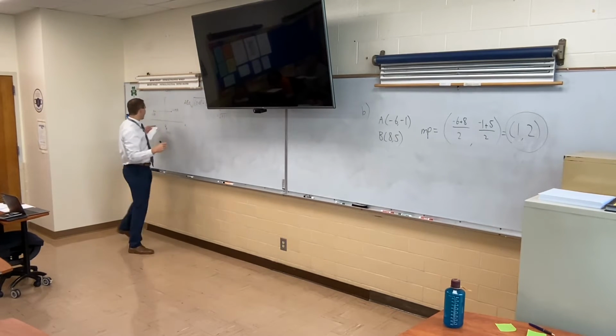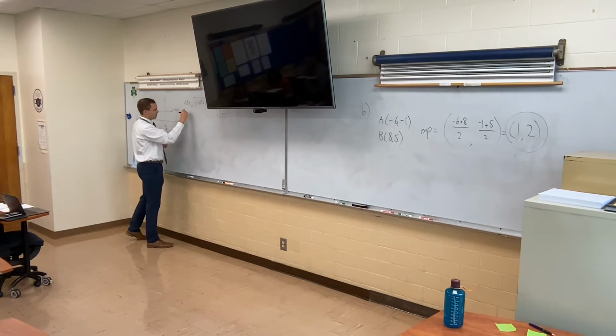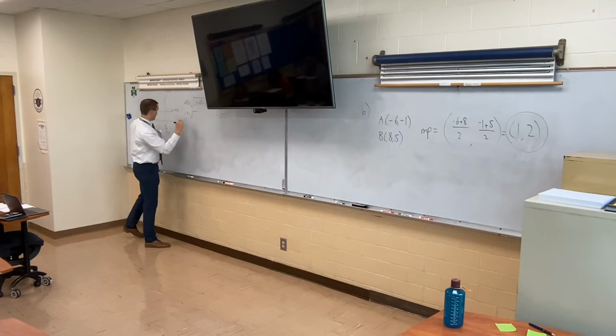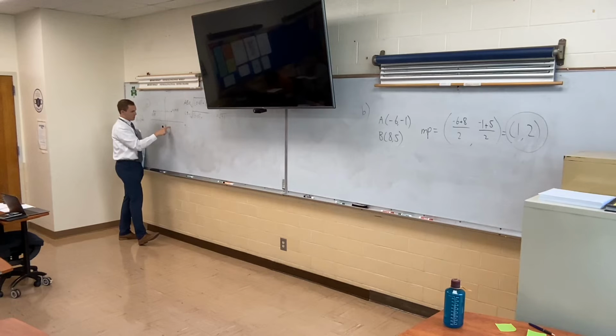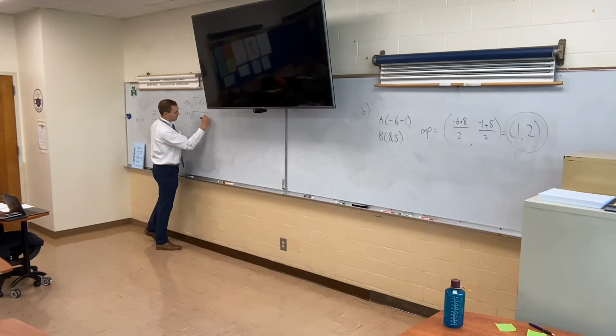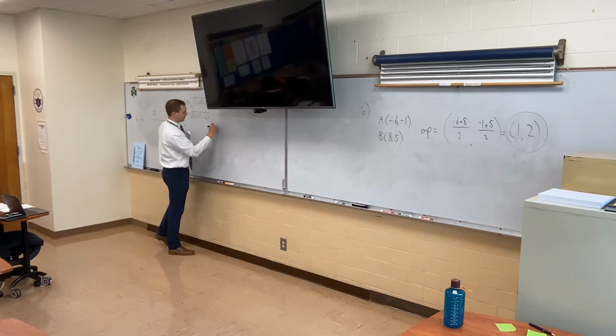So that's AB. CB is 4 minus 0 squared plus 4 minus -1 squared, that's just 4 plus 1 squared, that's equal to square root of 16 plus 25, which equals the square root of 41.